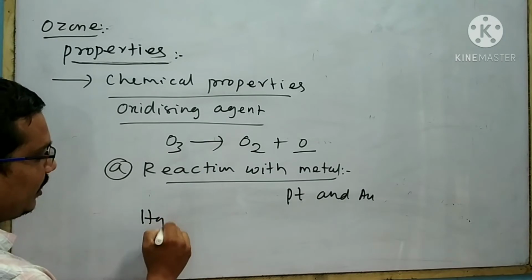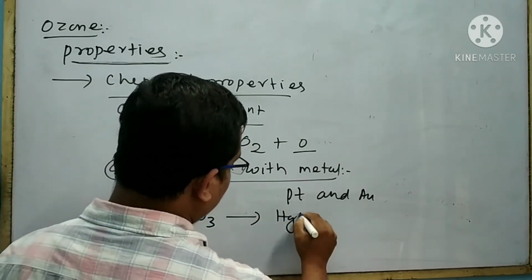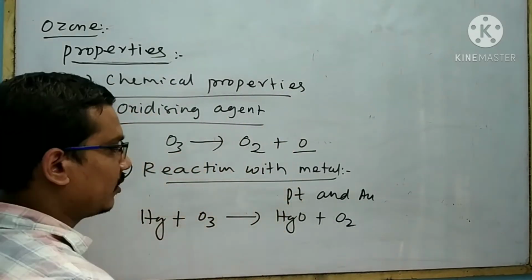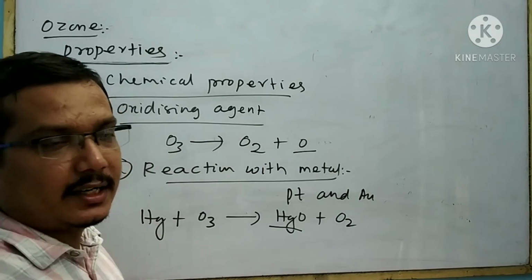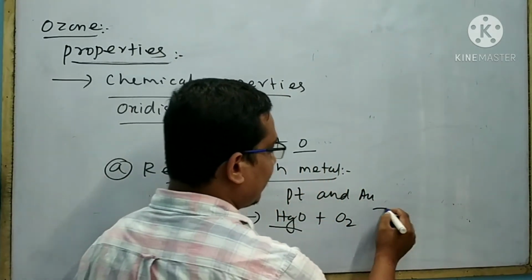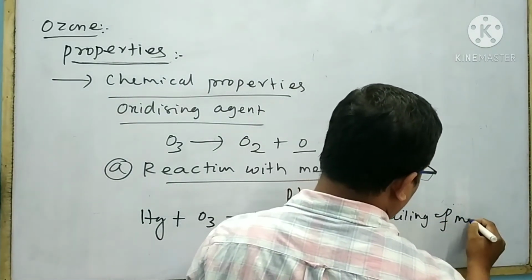When mercury is subjected to reaction with ozone, then mercury oxide and oxygen are formed. This mercury oxide sticks to the glass. This effect is called tailing of mercury.